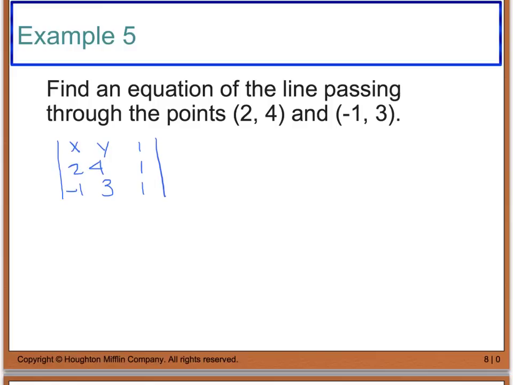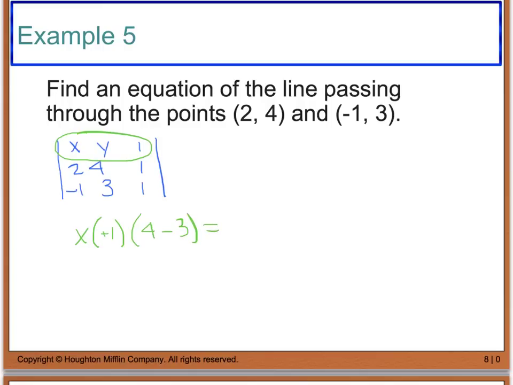Now, if you expand by cofactors on the first row, you will see that you get x, that first spot for cofactors is going to give me a positive 1. I don't change the sign. And then I'm going to cross out the first row, first column, and I see that I have a determinant of 4 times 1, which is 4, minus 3 times 1, which is 3.